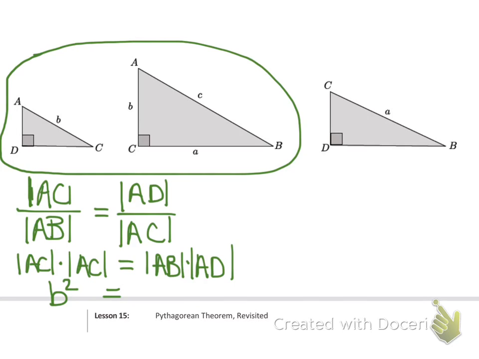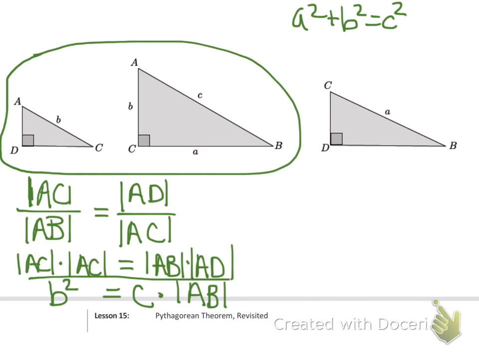B squared equals, and I can make another substitution here because AB is C, so this is C times AD. Because remember, I'm trying to get to A squared plus B squared equals C squared. So those are the lengths that I'm specifically interested in.